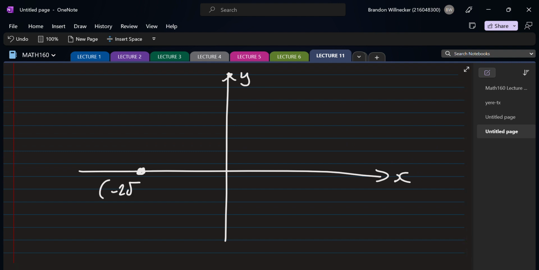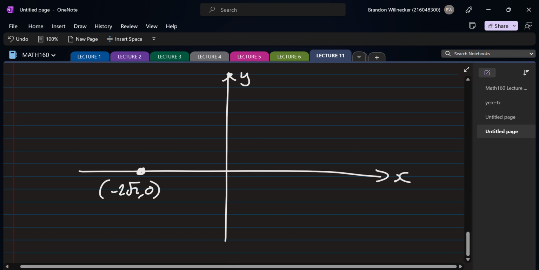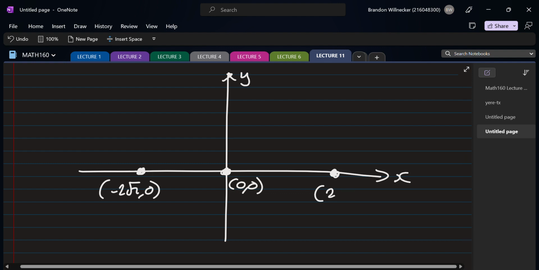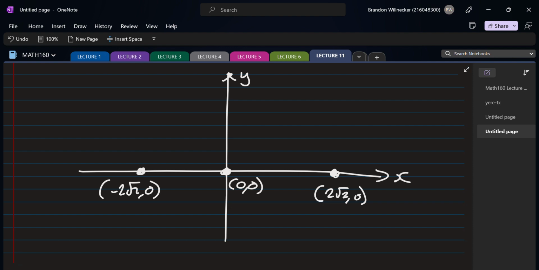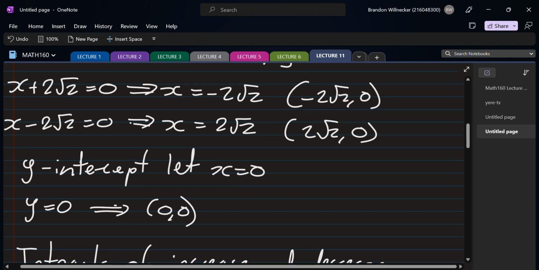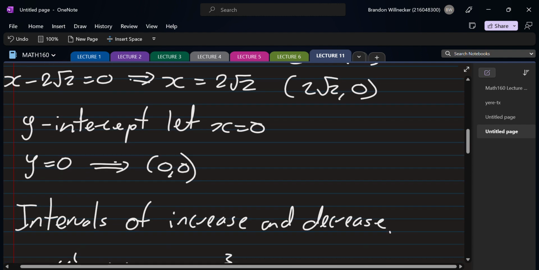This will be minus 2 root 2 and 0. Then we had another one at the origin at 0, 0. And then somewhere over here, we have 2 root 2 and 0. And then the y-intercept, if you forgot what that was, let's go up and check. So the y-intercept was 0, 0. We included that already, so that's fine.